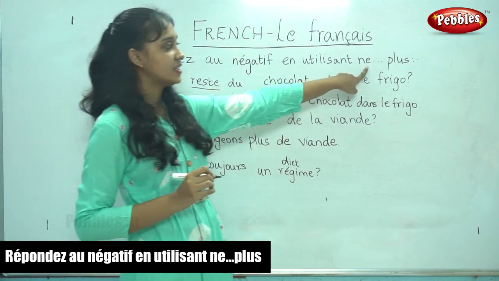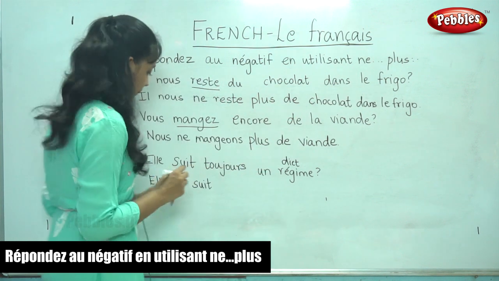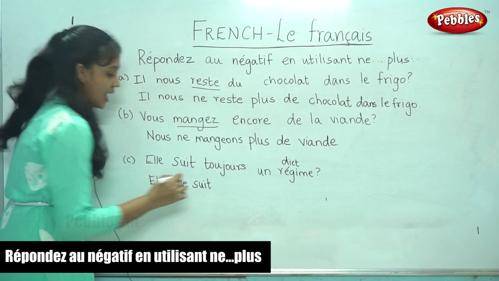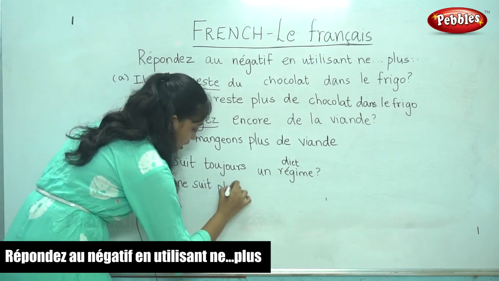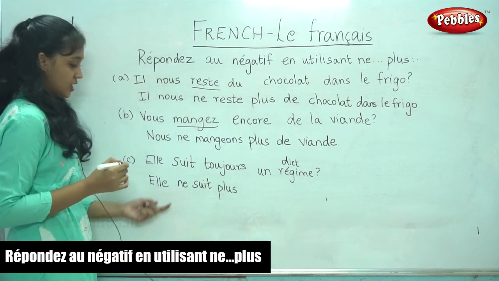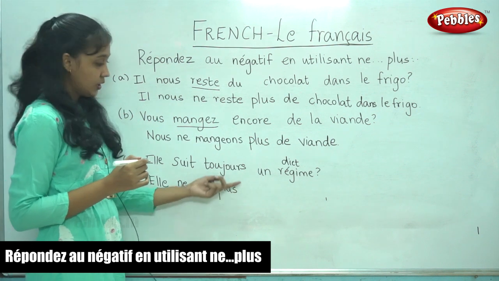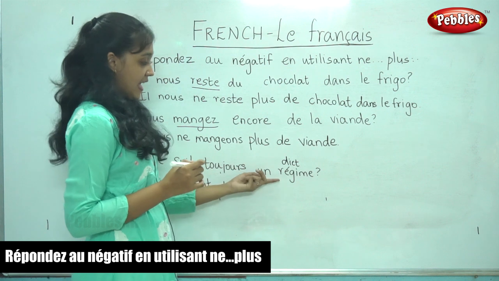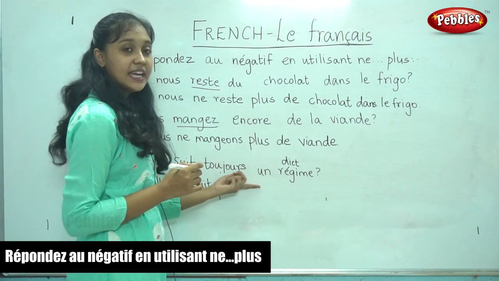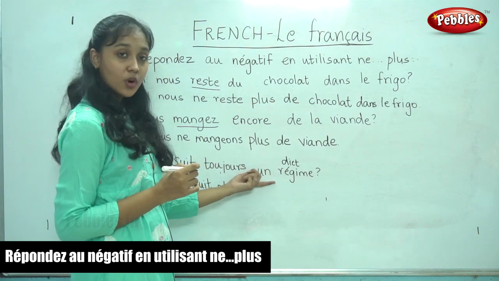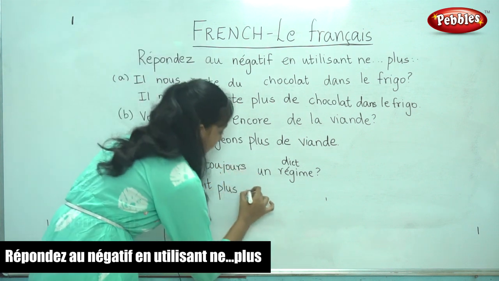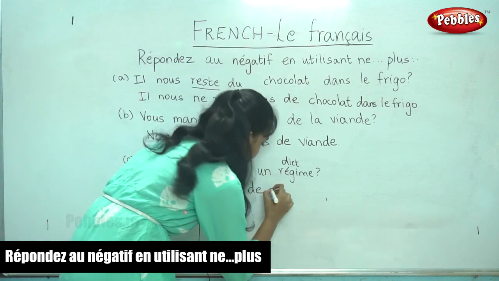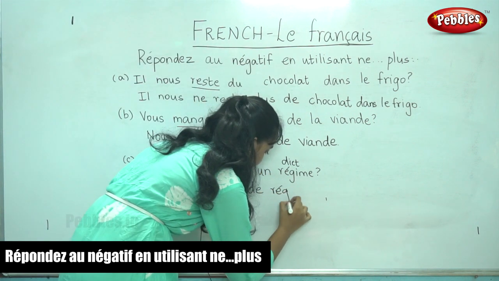We have to write it in the ne plus form. So we add ne before the verb and plus after the verb. Elle ne suit plus, and the word toujours is eliminated, and here we have an indefinite article. So what does this become? It becomes de, and you write régime as it is.